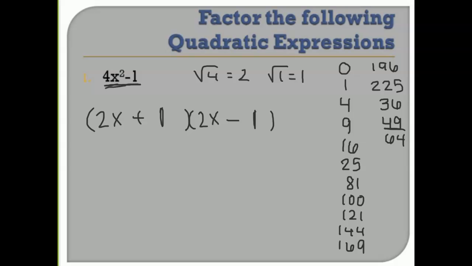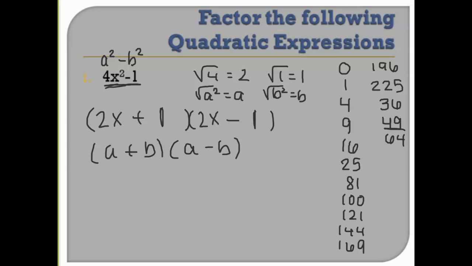So you're just plugging into the formula where this is a squared minus b squared. The square root of a squared equals a, the square root of b squared equals b, and you plug into a plus b, a minus b. So you can see exactly how we are filling in our formulas.